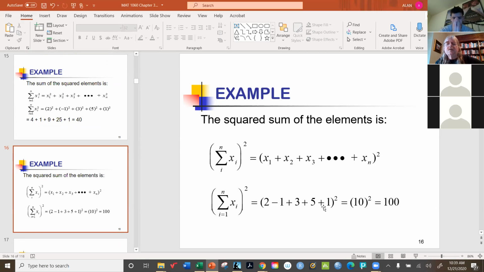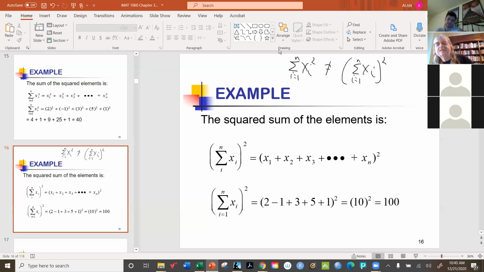If you plug in our numbers, our sum was 10, if you recall. 10 squared is 100. So clearly, these two are not the same thing, are they? Not the same. So we have to be a little careful with this notation.